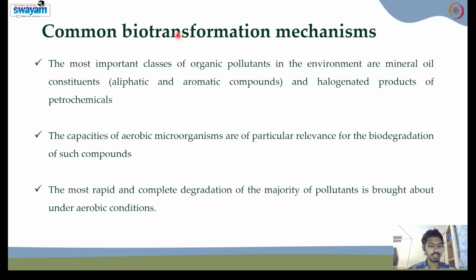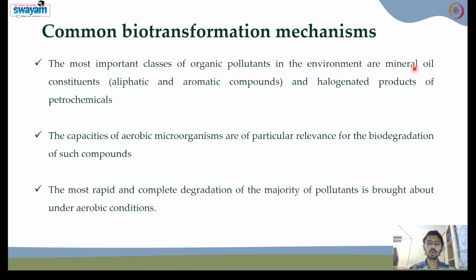This is important for breaking down these oil-based pollutants, where oxygen plays an important role as a high energy fuel for these microbes. So what happens under the aerobic mode of degradation? The microorganism uses this oxygen and attacks the complex oil molecules.